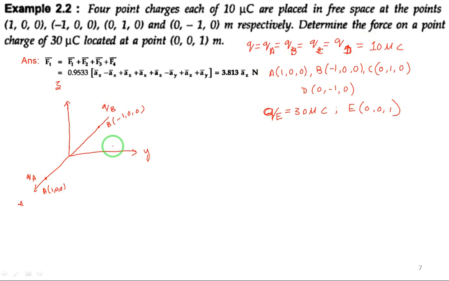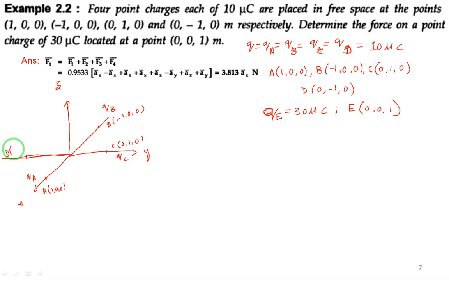The next, QC, is at 0, 1, 0, somewhere on the y-axis. C of 0, 1, 0 is where charge QC is located. Then D of 0, minus 1, 0 is on the negative y-axis, located somewhere here.